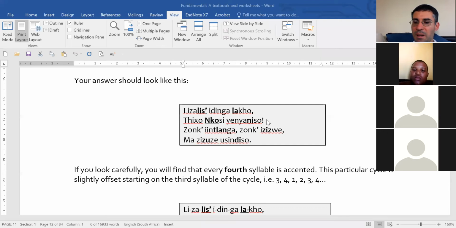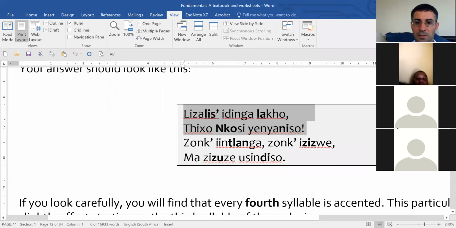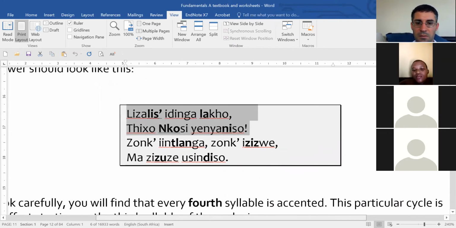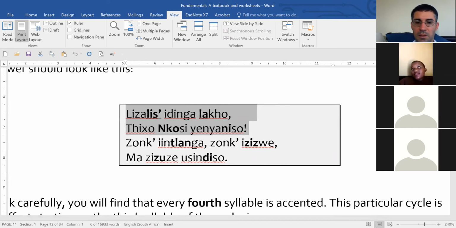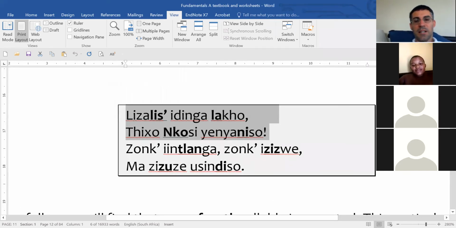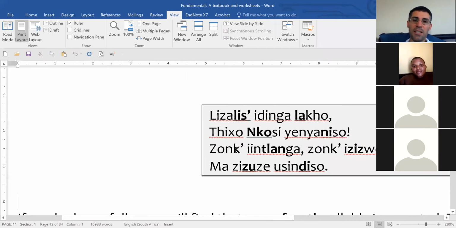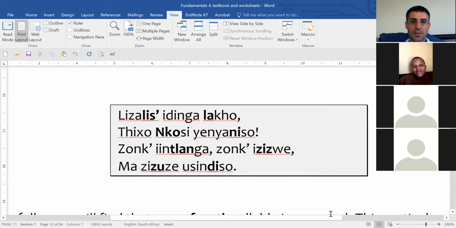Let me make it a bit bigger just in case you can't see it. I'll put them in red so you can see it even clearer. So these are lis, that's a strong one. La, that's strong. Ngo and ni.